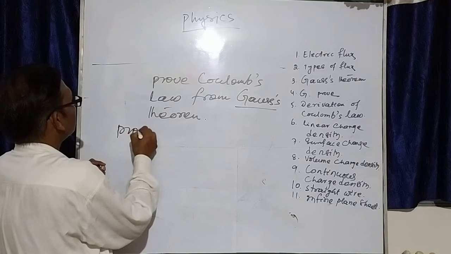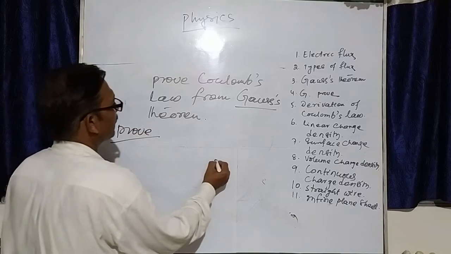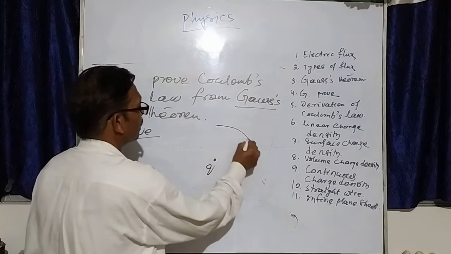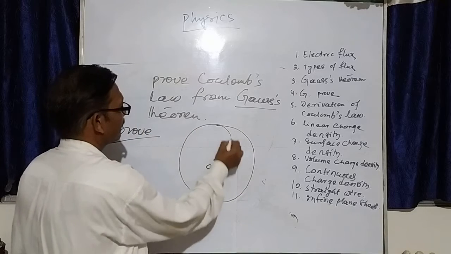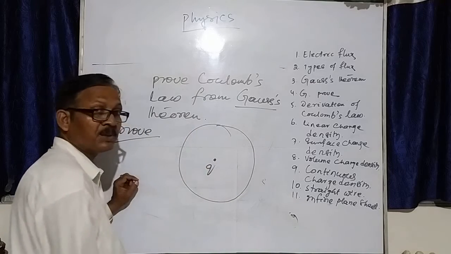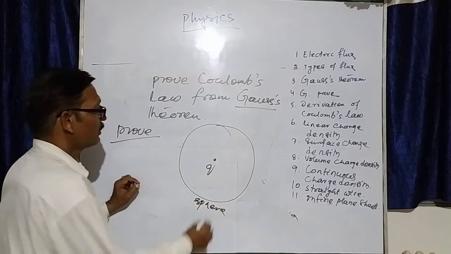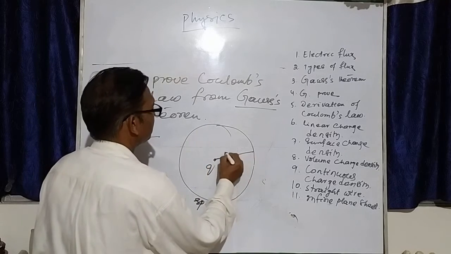The proof comes like this. Take a charge q placed here. This is your electric field. Consider a spherical body, a sphere of radius r.